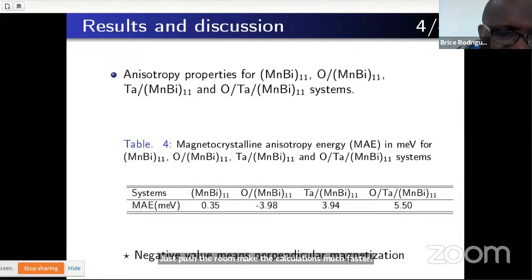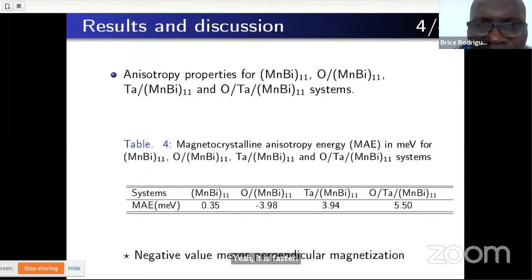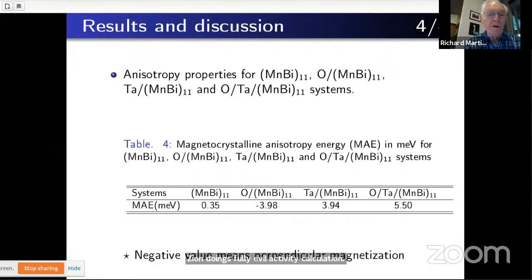Yes, it is faster than doing the fully relativistic calculation. Then a question about the force theorem. Is that the same idea that Anderson has used for other properties like displacing atoms or pressure, or things like that?